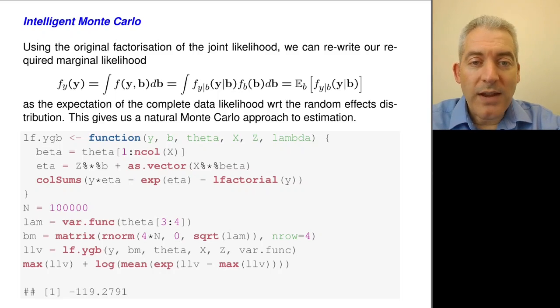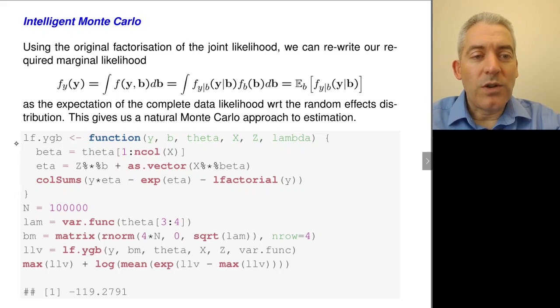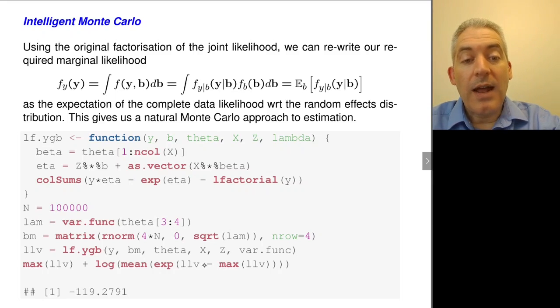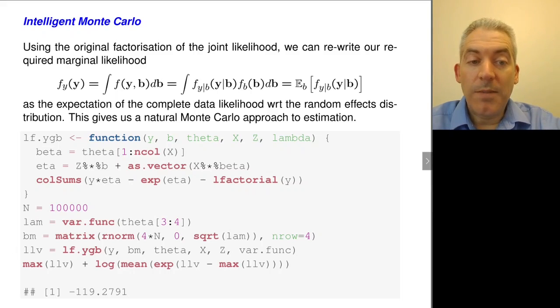Okay, so we can just put that into code. In fact, we didn't have a function coded up for that complete data likelihood, which is a special case or simpler version of the joint likelihood, but we'll code that up explicitly there. We're going to do it for 100,000 iterations again. We just simulate from our random effects distribution, so that's this BM here. We simulate a matrix of random effects from our random effects distribution with the correct variances and standard deviations, evaluate our complete data likelihood, and average them again using the log sum exp trick.